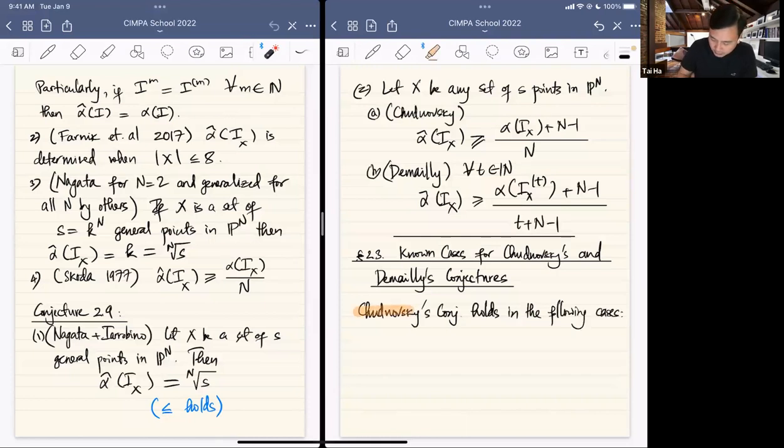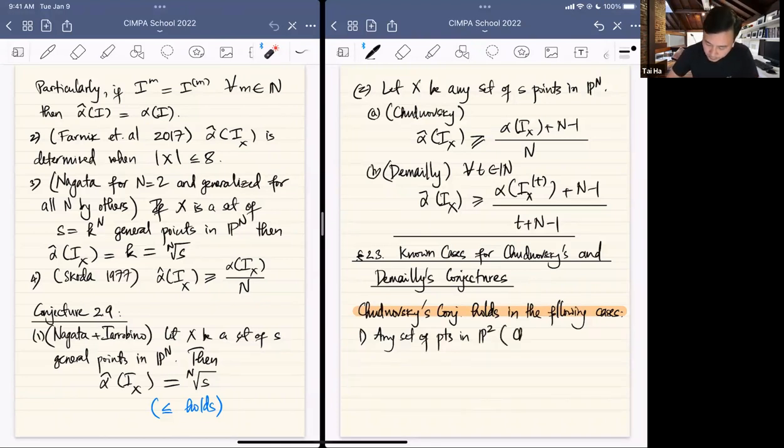Let me highlight this. Any set of points in P^2, so regardless of the number of points.